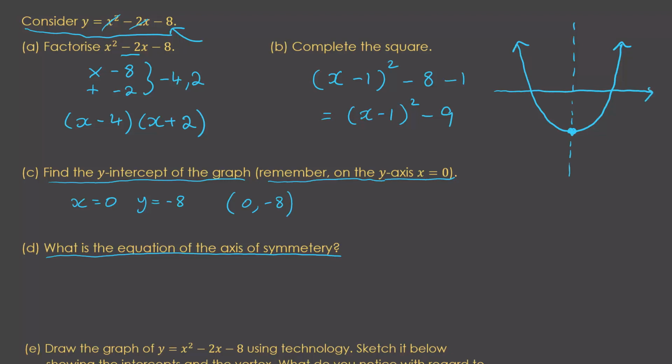One of them is that from the factorized form, if you solved this quadratic, you would find that the places where it crosses the x-axis are at negative 2 and 4. And exactly halfway between negative 2 and 4 is 1. And so this line is x equals 1. You can also get that from the completed square form, and we'll look at that shortly. So the equation of the axis of symmetry is x equals 1.